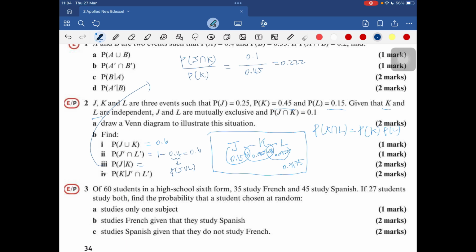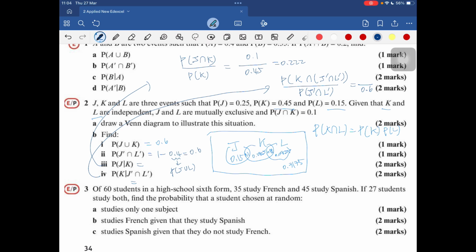And part 4. This is the probability of K and J complement and L complement, over the probability of J complement and L complement. So this is 0.6.